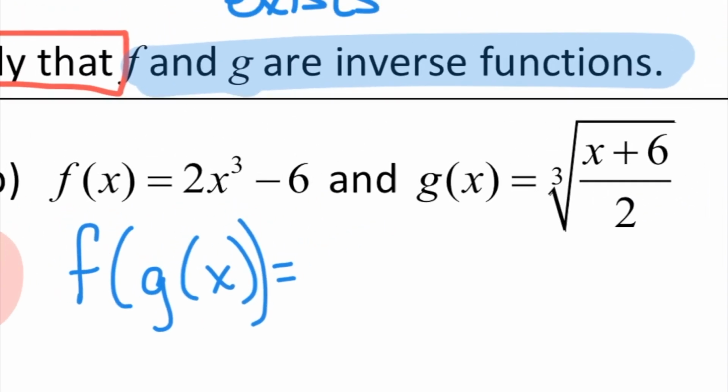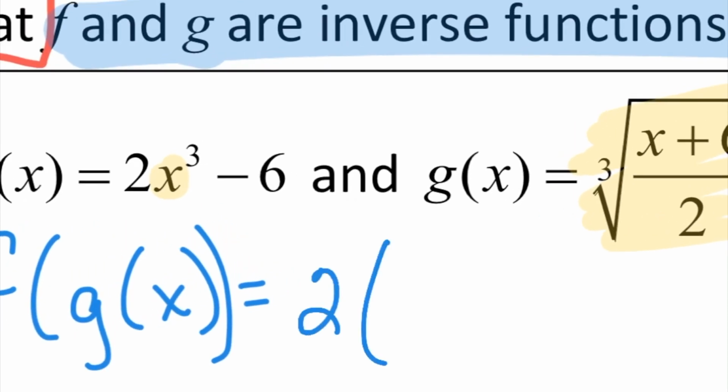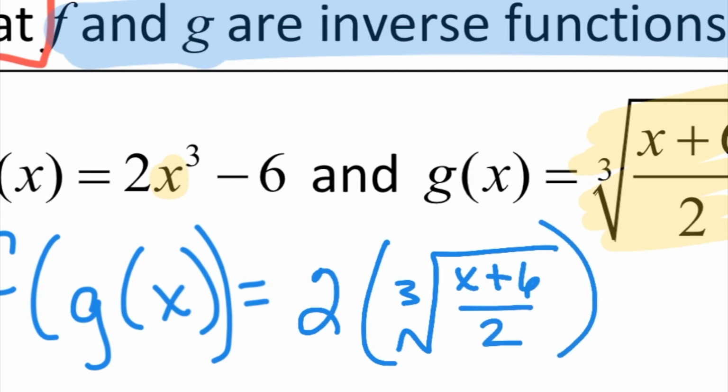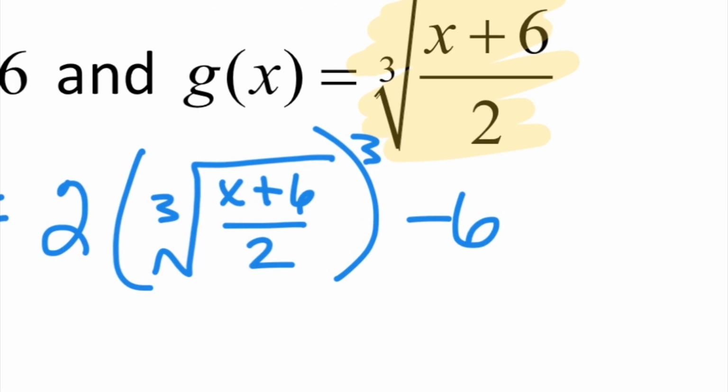I'm going to take this cube root here, and I'm going to put it where the x is right there. And so that becomes 2 times, and now this cube root of numerator is x plus 6 over denominator 2, cubed, minus 6. Now here's the cool thing about this problem is that you have a cube root cubed.